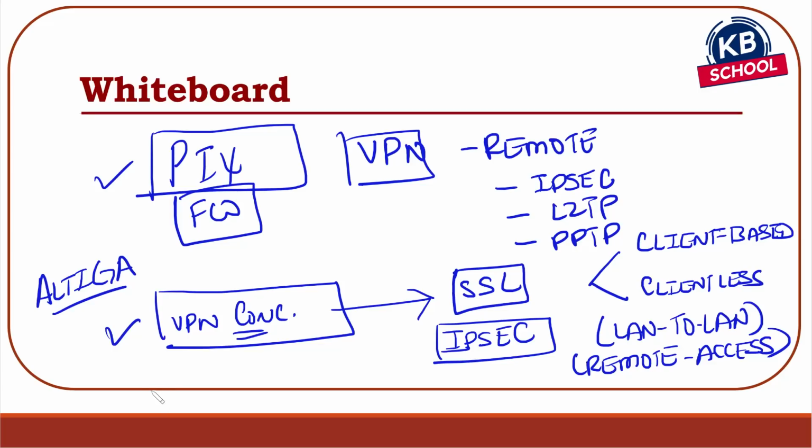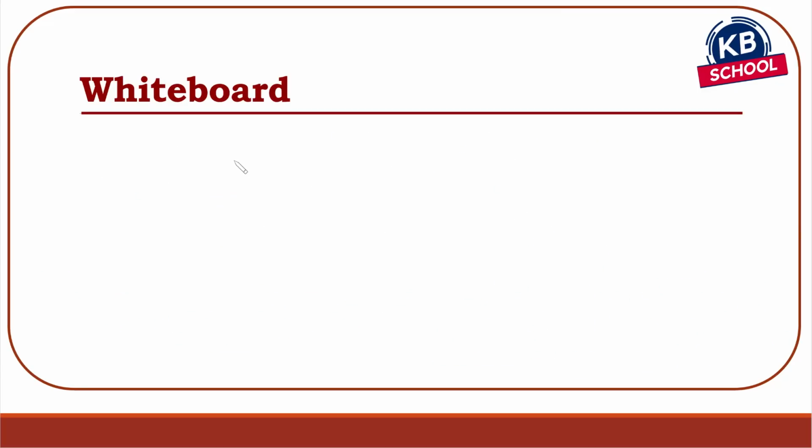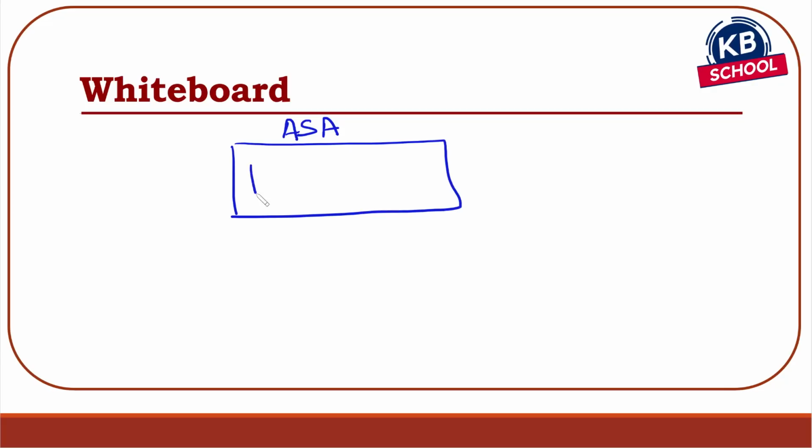And then in the early 2000s, they combined the capabilities of the two products into one, called the Adaptive Security Appliance, the ASA, which was a combination of the firewalling capabilities of the PIX firewall and the VPN capabilities of the VPN concentrator. And that's what the ASA firewall is all about.